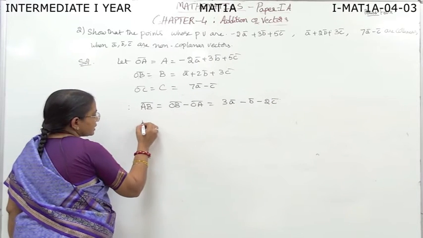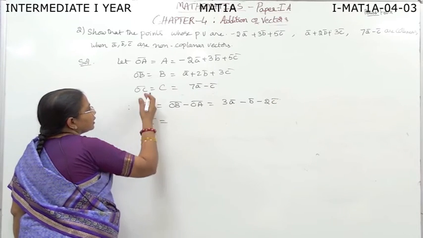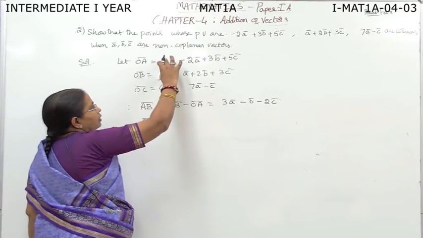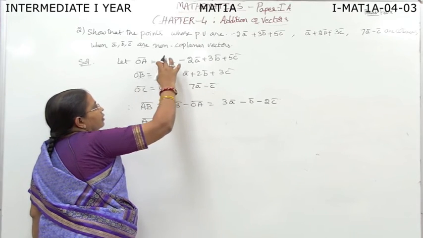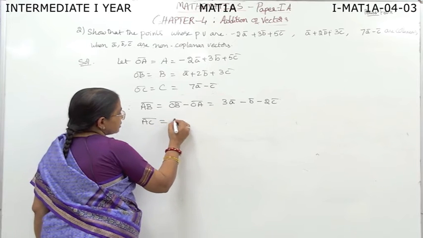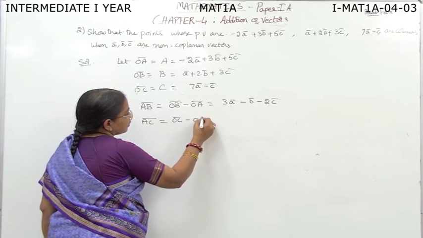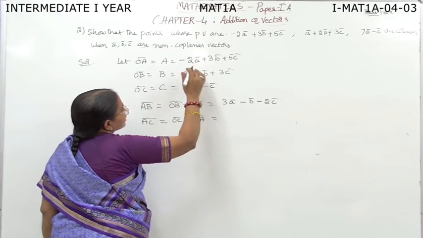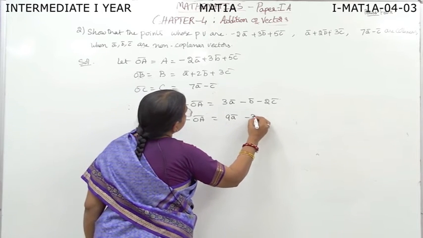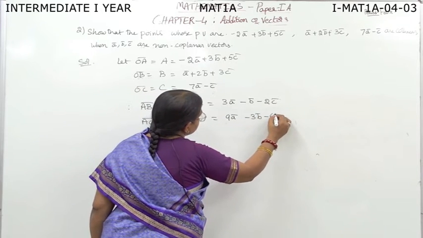Now find the AC vector, or BC. Convert these 3 points into two vectors: AB vector and BC vector, or AB vector and AC vector, any like that. So AC is OC minus OA. Subtracting, we get 9a minus 3b minus 6c.